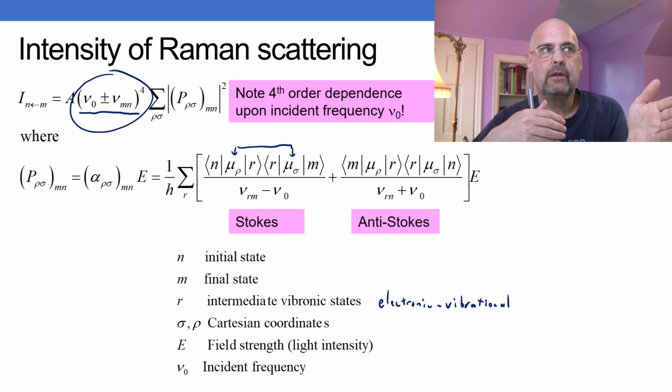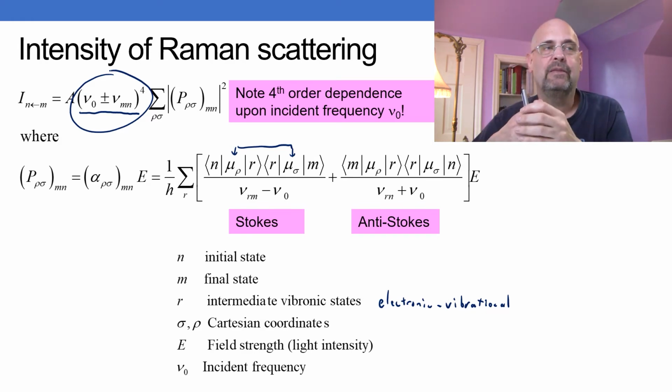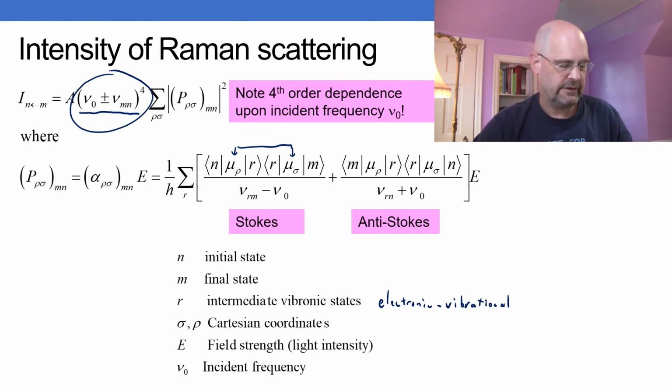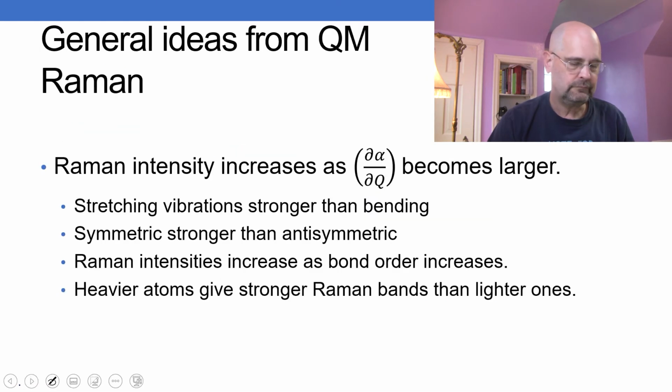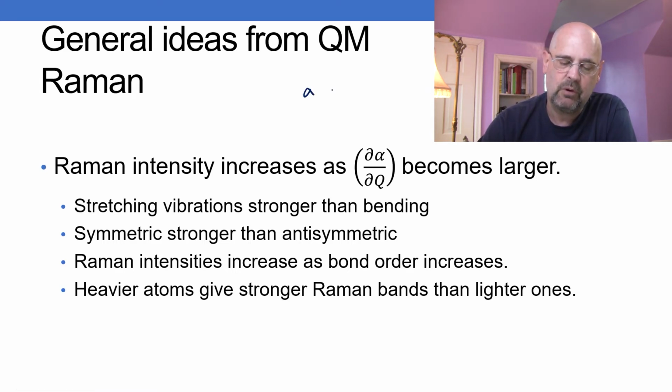You would be right, but you also increase many other possibilities: fluorescence, which interferes, photoionization, all kinds of things that can swamp out your Raman signal as you go to higher incident frequencies. Some general ideas: Raman is quantum mechanical. The Raman intensity increases as the change in polarization with change in coordinate increases. This alpha is polarization.